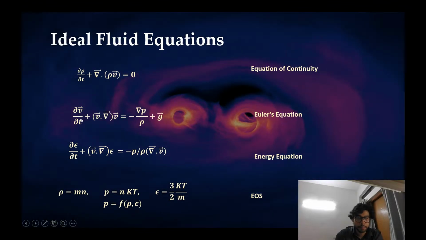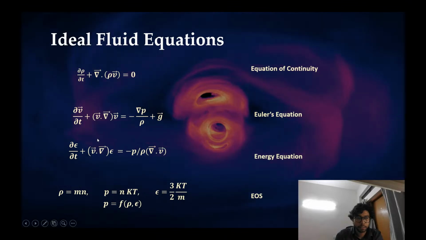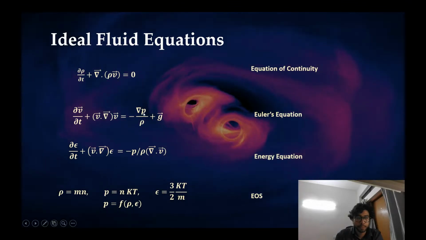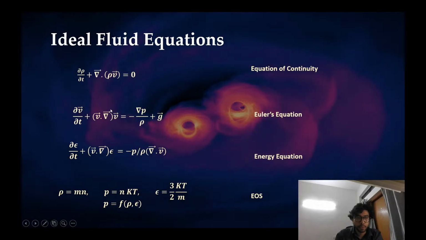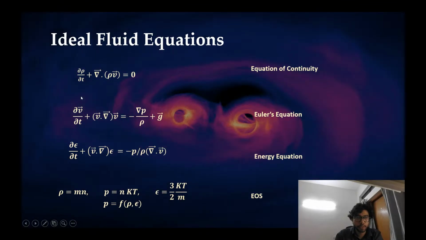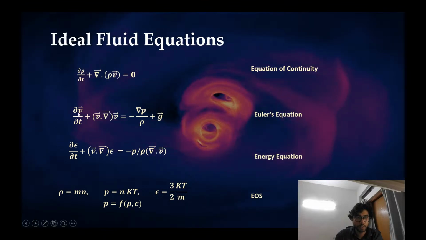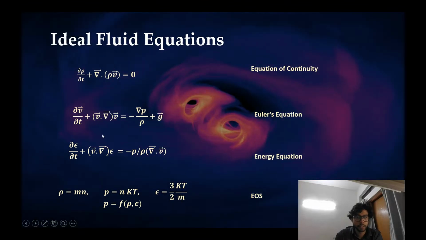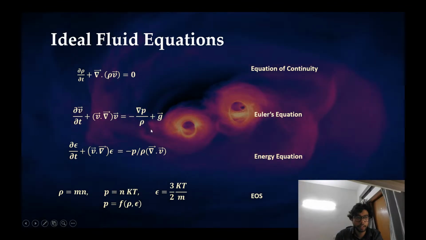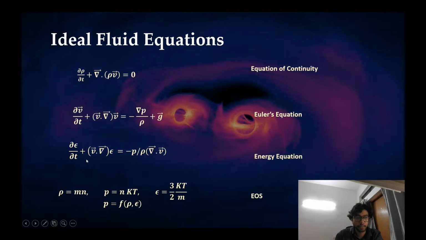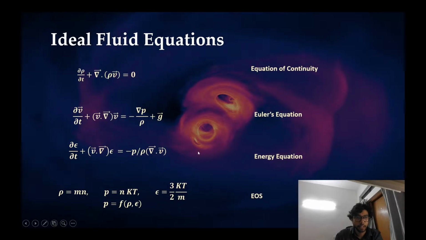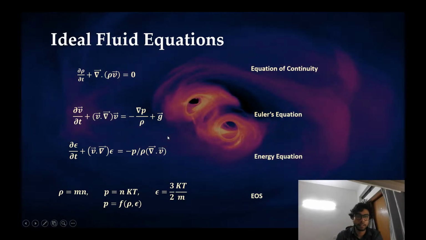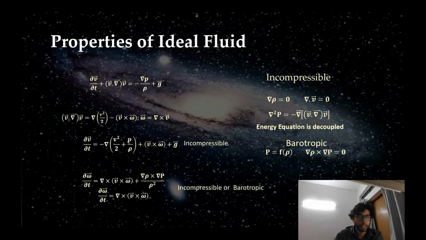Here you see that this P can be expressed in terms of V, velocity. So if you consider only these two equations, how many variables do you have? You have rho and 3 velocities. So you have 4 variables and you have 4 equations. So these 4 equations can be solved independently, and the energy equation again can be solved independently, right? So that is the consequence of incompressible fluids: the energy equation is decoupled.